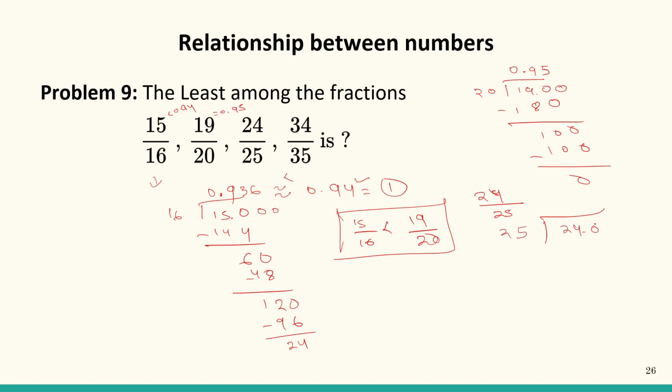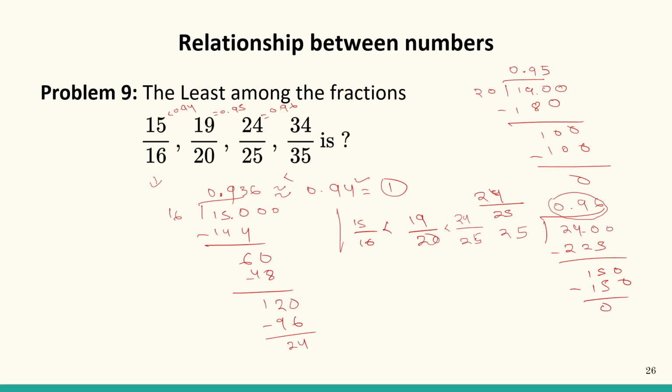Let's put a decimal point and 0 here. 25 into 9 is 225, so we put another 0 here and bring it down. 25 into 6 is 150. So we have a remainder of 0. So the value in decimal form will be 0.96. So this is less than 24 by 25.